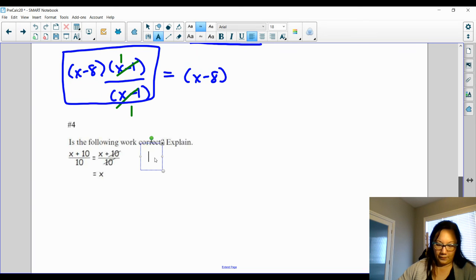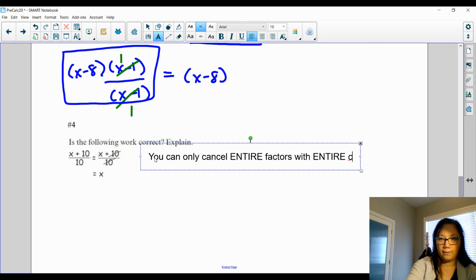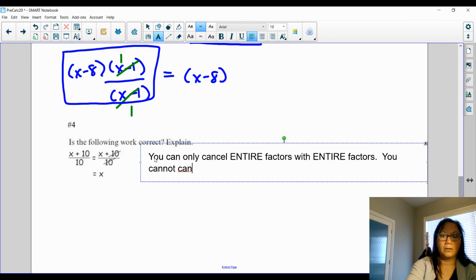And here's why. You can only cancel entire factors with entire factors. You cannot cancel terms. You can cancel factors.